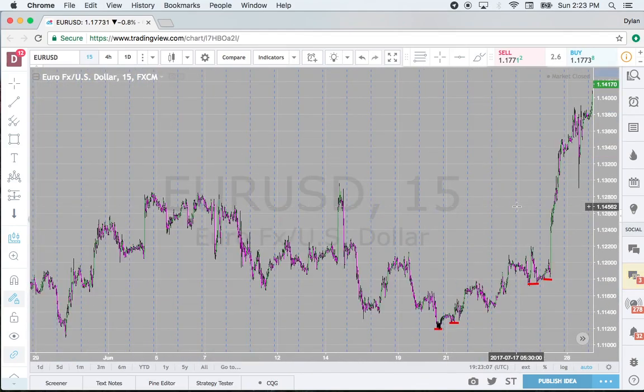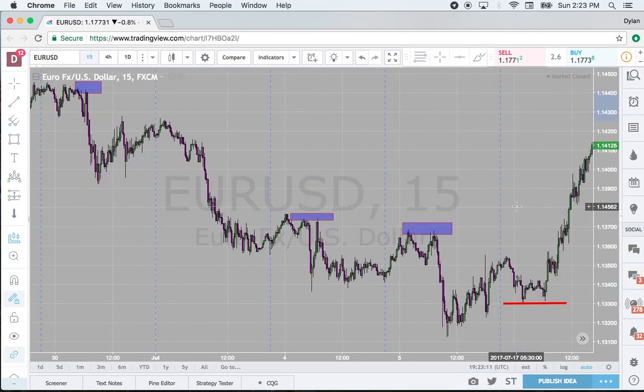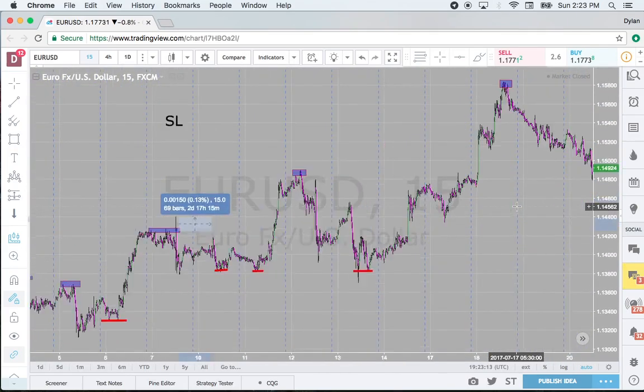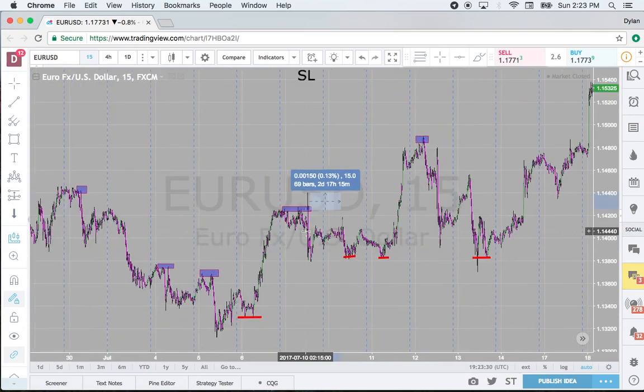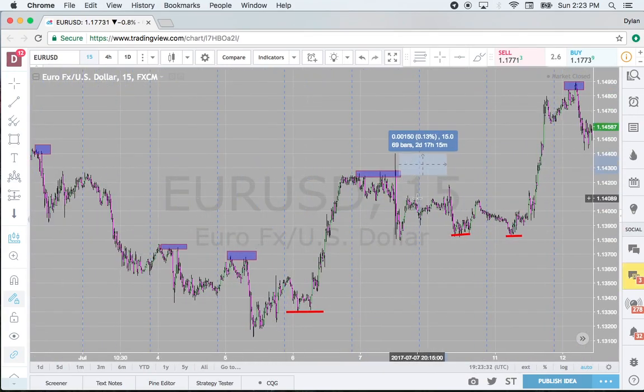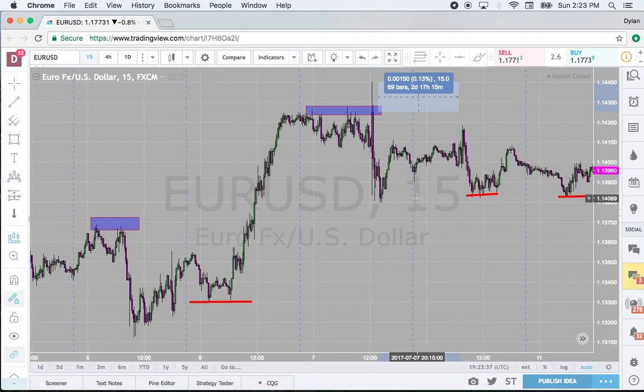So let's go on to basically the stop loss. What I was saying, for example, every pair is different. The GBP JPY, for example, will have stop hunts, wicks like this to the high, of 20 to 30 pips on average.